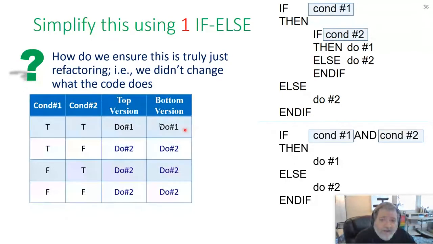And if the truth table of both versions is the same, so it's kind of a truth table between quotes because here I don't have true, false, I just have the outcome, right? But if the two truth tables are the same, then those two pieces of code behave the same way. So this is another reason for which we write tests.